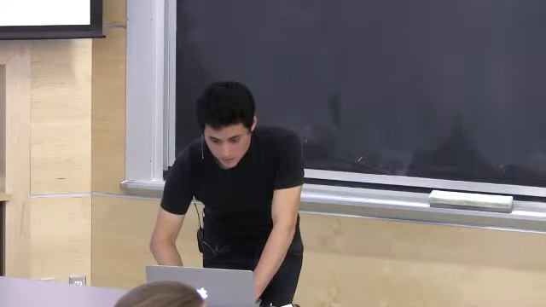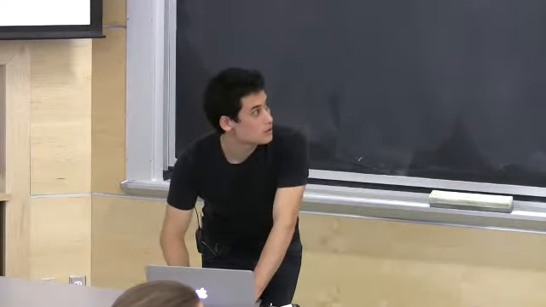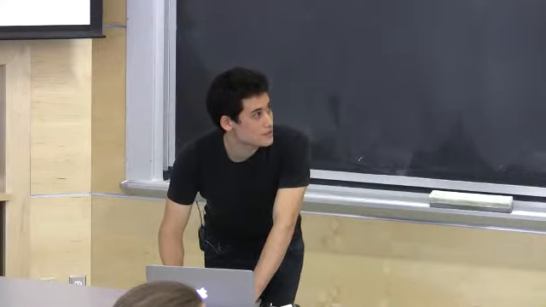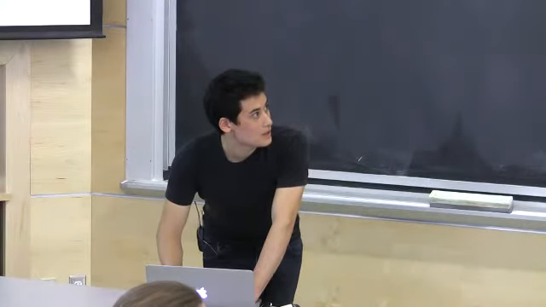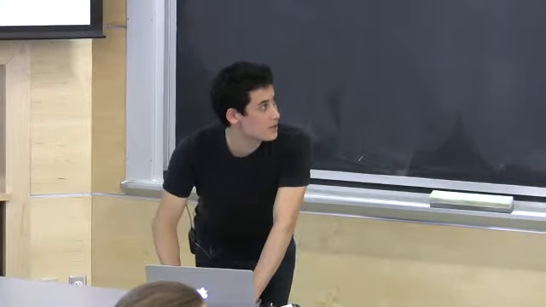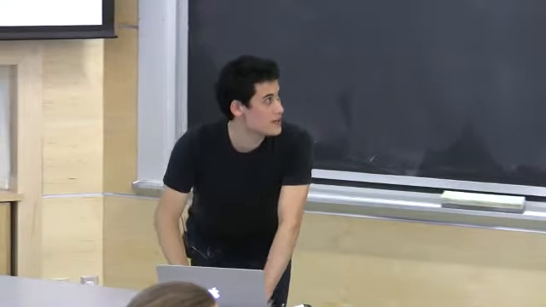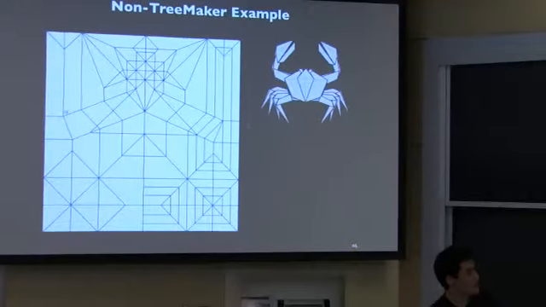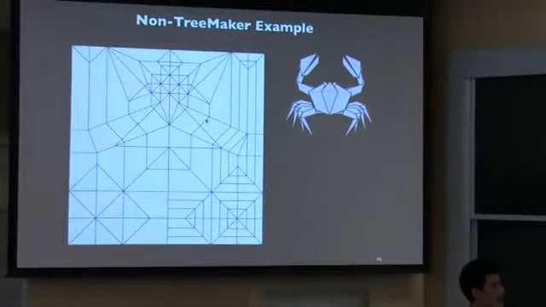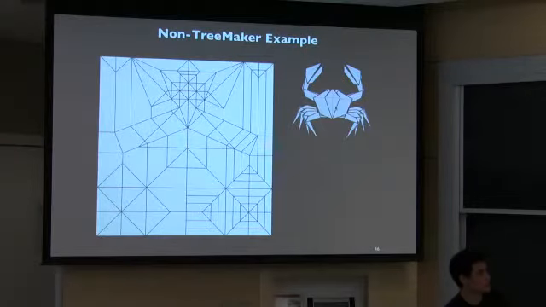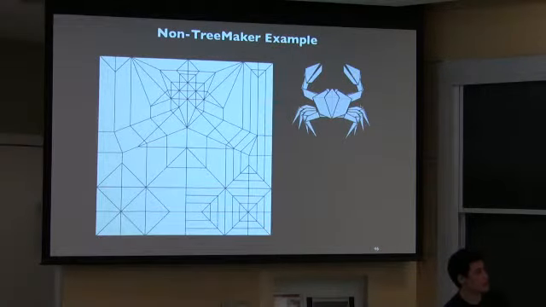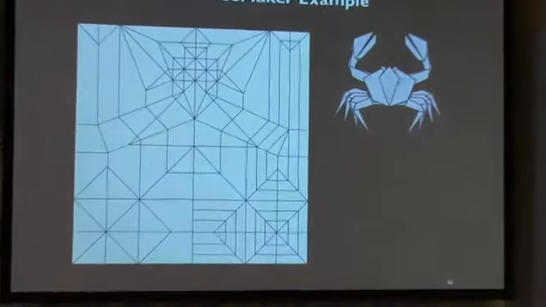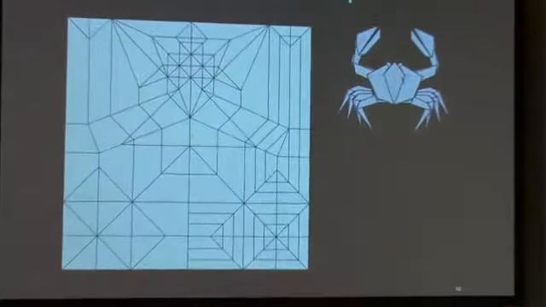Okay. Play slideshow. All right, so that was kind of the example of Tree Maker. Here's an example of a non-Tree Maker example that I designed this weekend of a crab. I actually designed this model after I had drawn this picture, and I wanted to incorporate some of the elements of this picture into my design process.